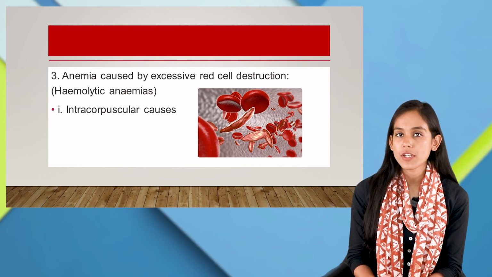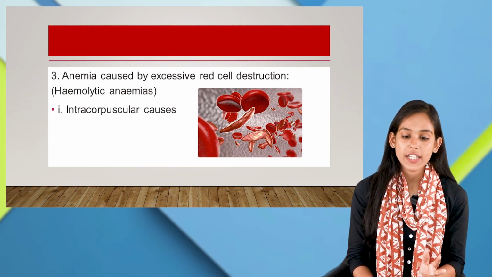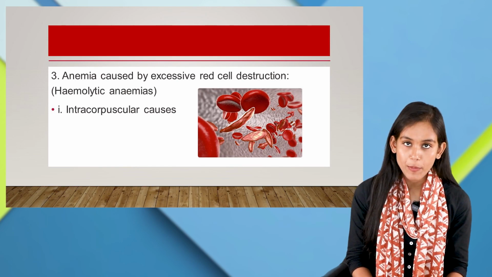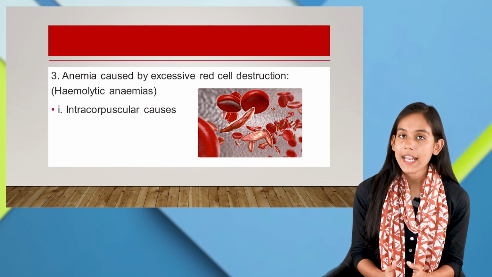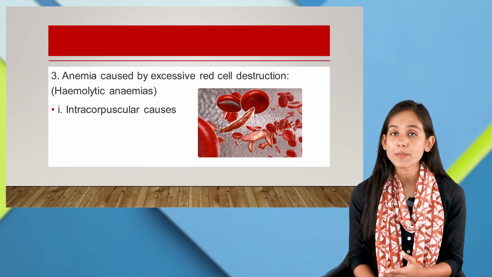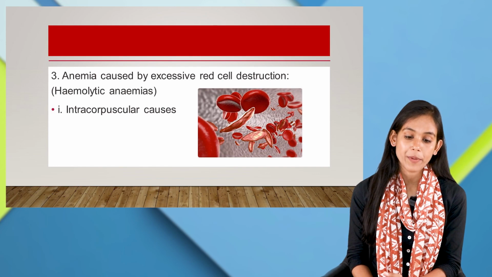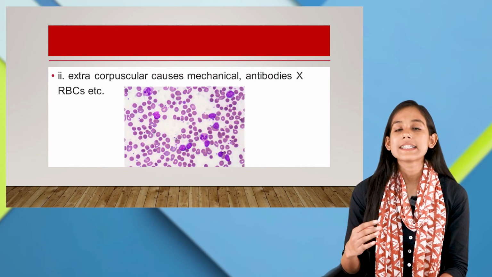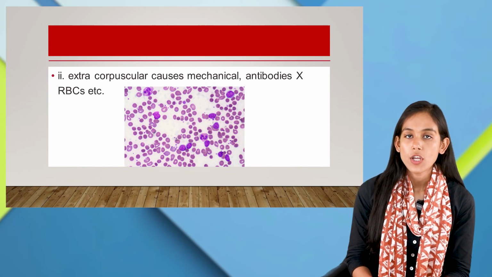In intracorpuscular causes there might be two things. The first is decreased production of hemoglobin, which we call thalassemia, and second, abnormal production of hemoglobin, which we call sickle cell anemia. And then there are extracorpuscular causes.